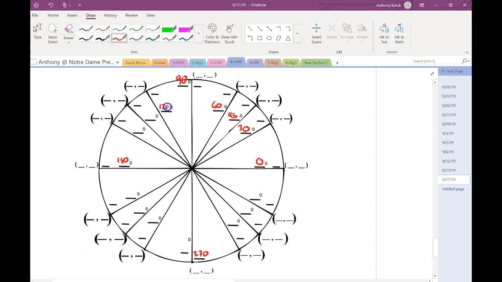And then I have 120, 135, 150, and then 210, 225, 240, and then I have 300, 315, and then 330. Maya? 120, 135, and 150.